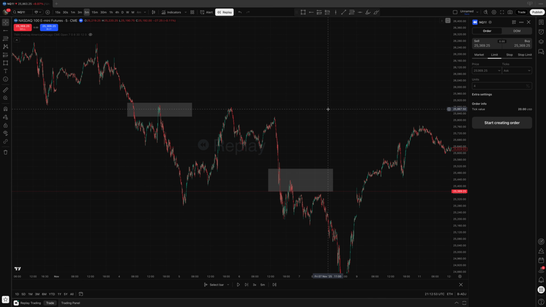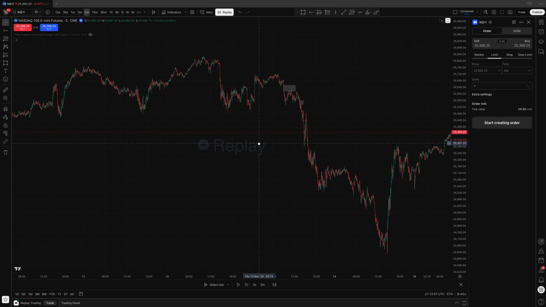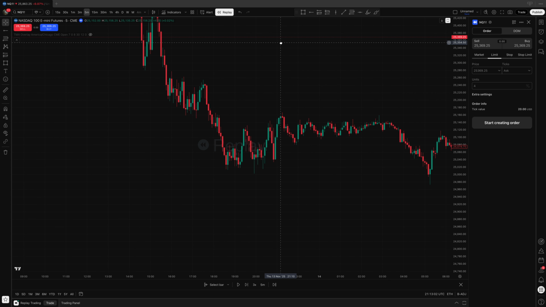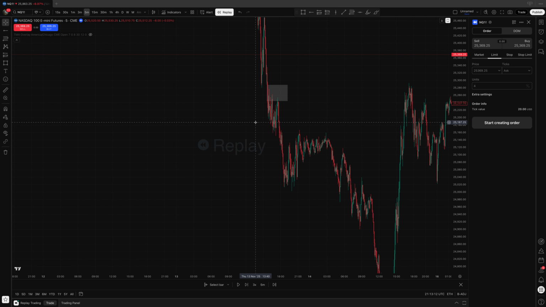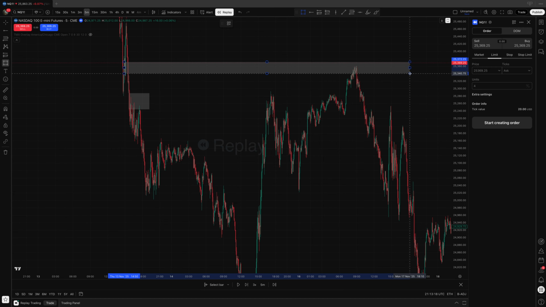Okay, let's go. Fair value gap right here. It's just imbalance in the markets. Fair value gap right here, which is a 5 minute one, which the market taps into.